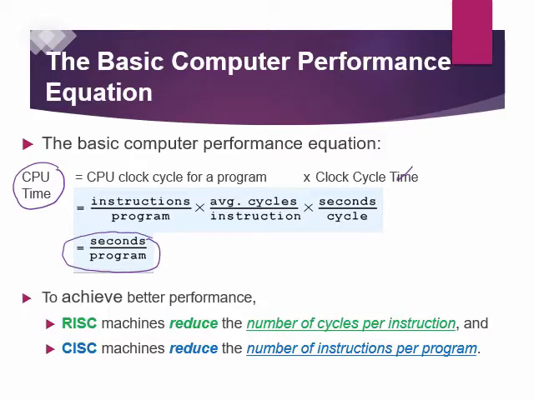So in one program, there are many instructions. So instructions per program. And one instruction can have many cycles. And one cycle can take how many seconds? So if you cancel, you end up with seconds per program there.